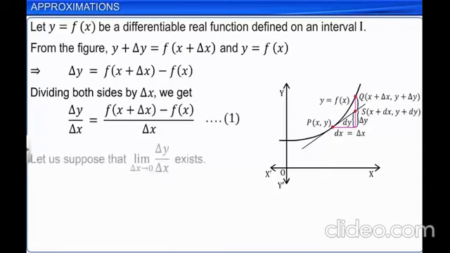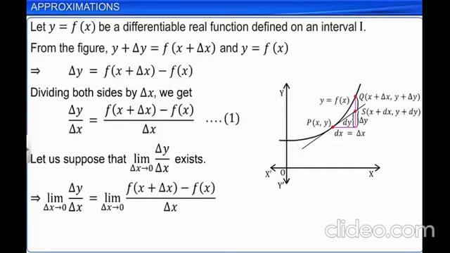Assume that limit of delta y upon delta x exists as delta x tends to 0. So, applying limits on both the sides of equation 1, we get limit of delta y upon delta x as delta x tends to 0 is equal to limit of f of x plus delta x minus f of x whole divided by delta x as delta x tends to 0 using first principles.